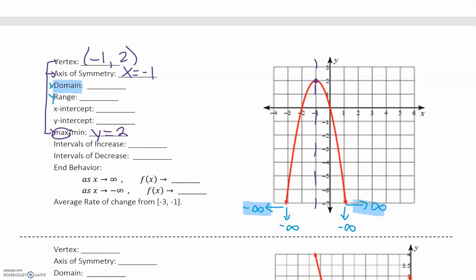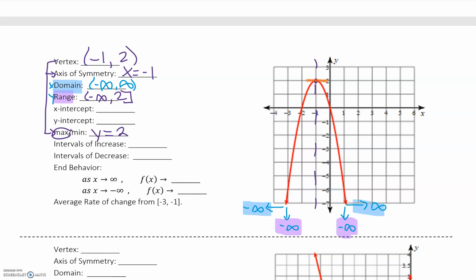Looking left is towards negative infinity, then looking right is positive infinity. For the range, we're looking at the y's, so we're going to look at our arrows down. They both should be going to the same thing, so that's negative infinity. And then as we look up, we're noticing that we don't go any higher than that y value of 2. That's an endpoint, so it gets a bracket.